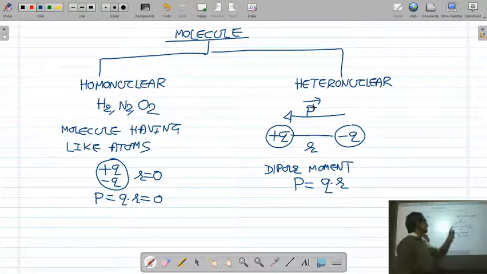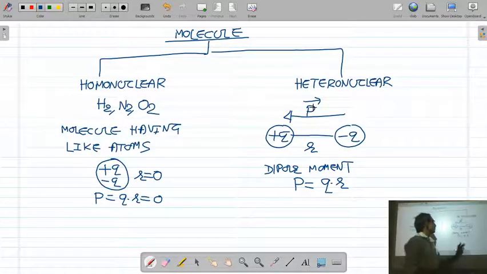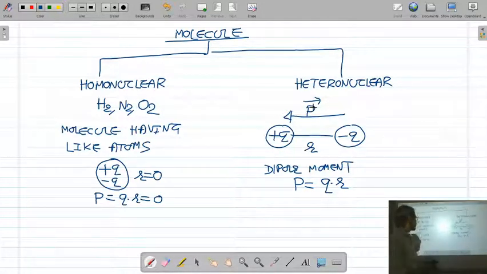So dipole is a system of two similar and opposite charges plus q and minus q separated by a finite distance r. The dipole moment P is defined as the charge magnitude q into the separation between two charges r. Now, as I told you, in homonuclear molecule, the center of positive charge and center of negative charge coincide. So the separation r between two charges is zero.